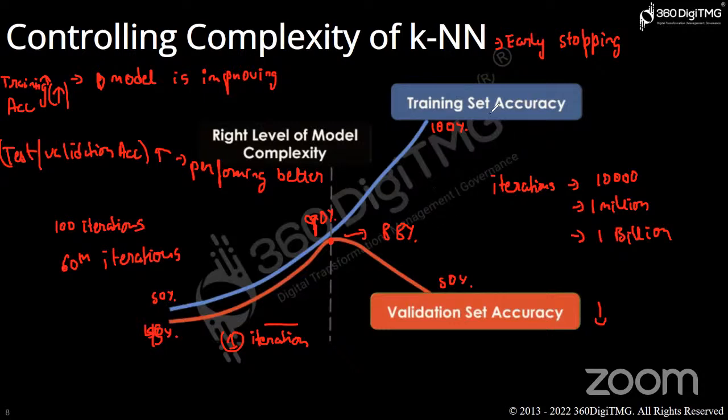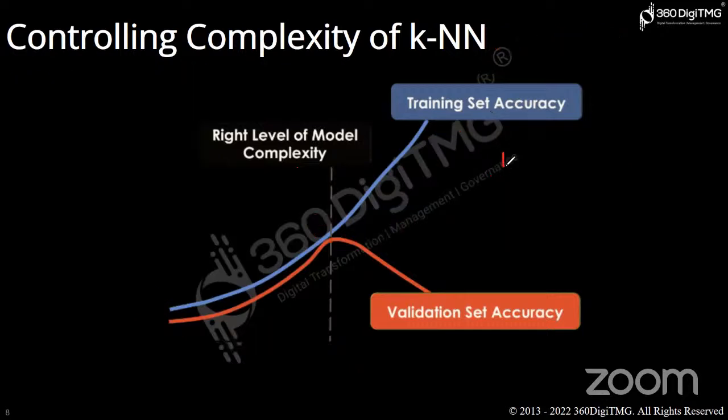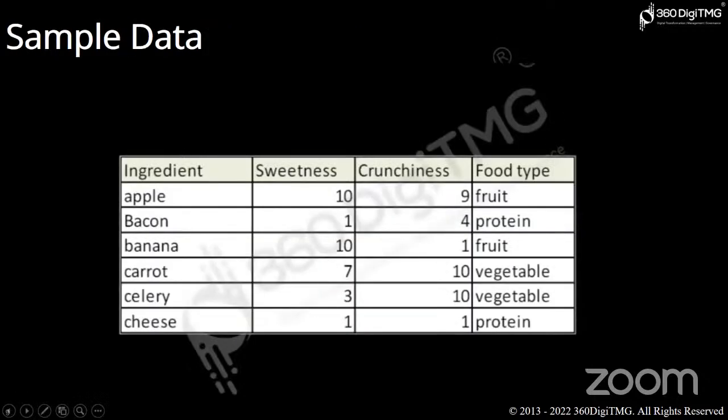Now, another thing in KNN is we always take odd number of neighbors. Why do we always take odd number of neighbors is something that we'll discuss now. So let's say we have a data set here.